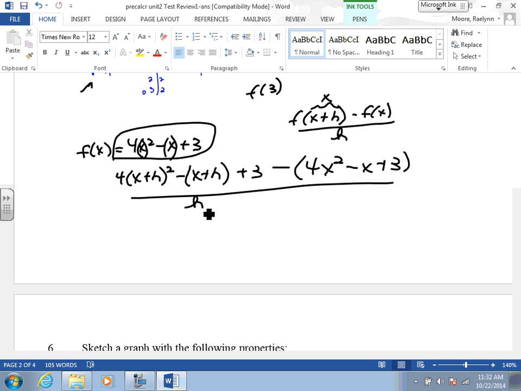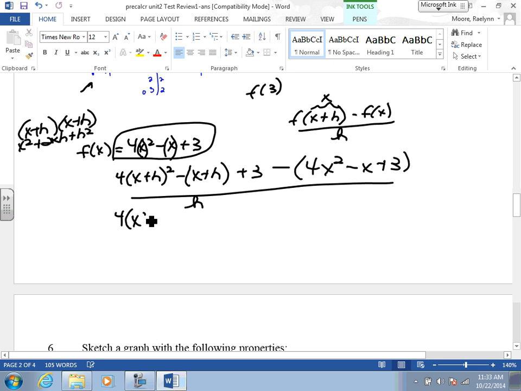X plus h times x plus h gives you x squared plus 2xh plus h squared, which you then have to distribute the 4. Distribute this negative, as plus 3 stays.